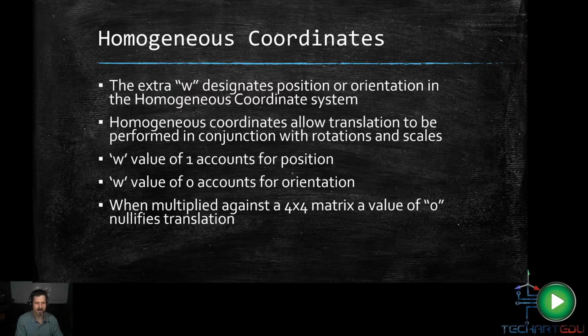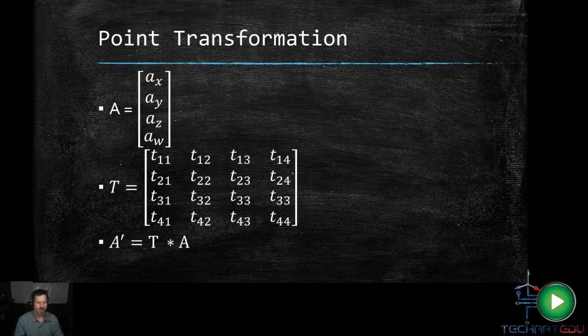So what are we talking about here? We already defined that we have a point here, and then we've got this transformation matrix, T. We'll call this the T matrix, and it's a 4 by 4 matrix, so there are 4 rows and 4 columns.